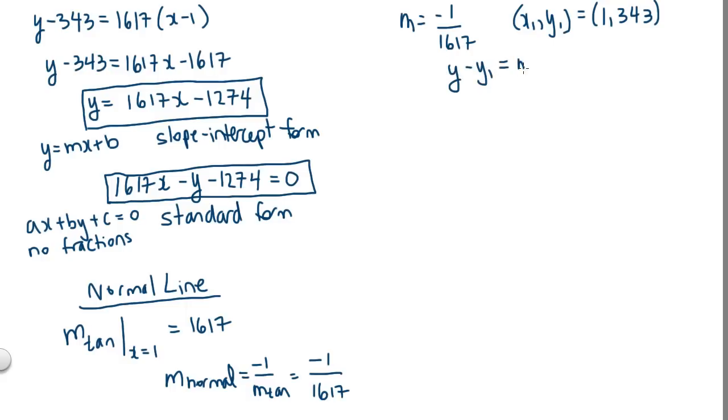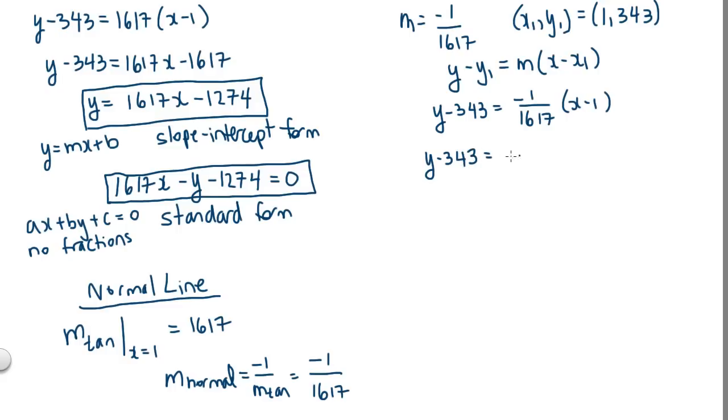So let's plug that into our equation. y minus y1 is equal to m times x minus x1. Let's plug that in and try to get this into slope-intercept form. So we got y minus 343 is equal to our slope times x minus 1. Let's do a little bit of expanding here. So on the right side we get minus x over 1617 plus 1 over 1617.